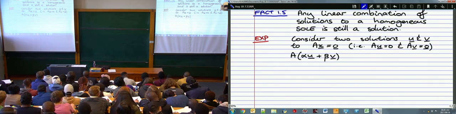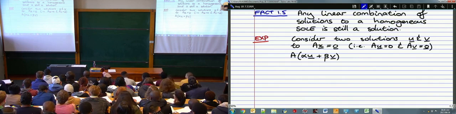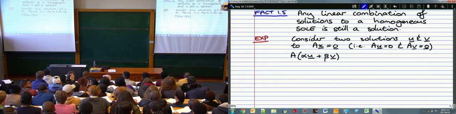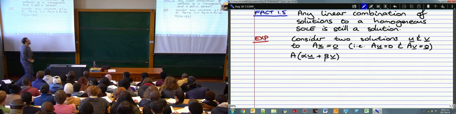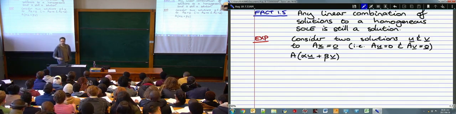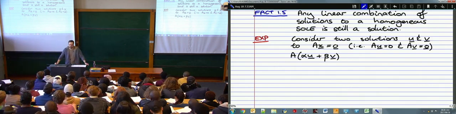So look at that for a bit and think about it. What do you know about this matrix A? It's linear, right? What does it mean for a matrix to be linear? What does it mean for a transformation to be linear?